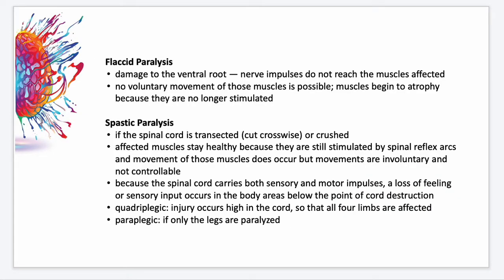A patient can have flaccid paralysis when there is damage to the ventral root because the nerve impulses do not reach the muscles affected. We also have spastic paralysis if the spinal cord is transected or crushed. The affected muscles stay healthy because they are still stimulated by spinal reflex arcs, and movement of those muscles does occur, but movements are involuntary and not controllable.